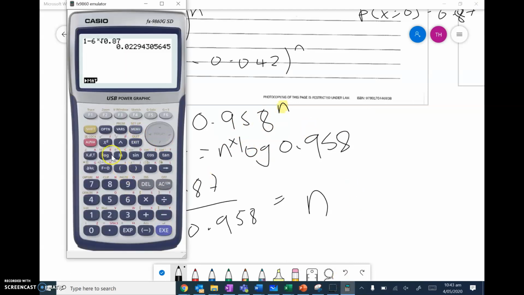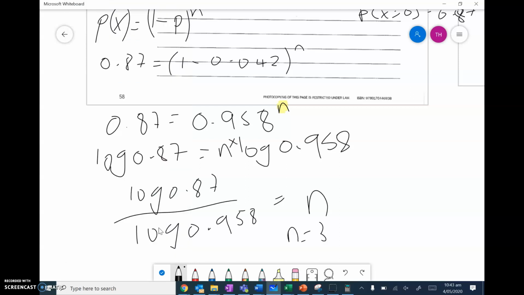So log 0.87 divided by log 0.958, it doesn't matter what you use, and I get 3.25. So n equals 3.25.